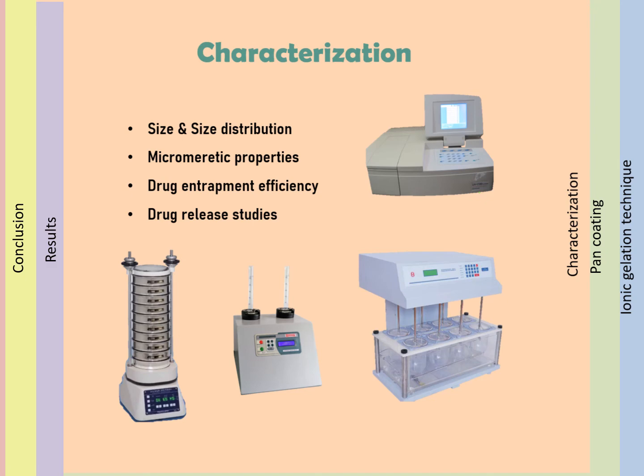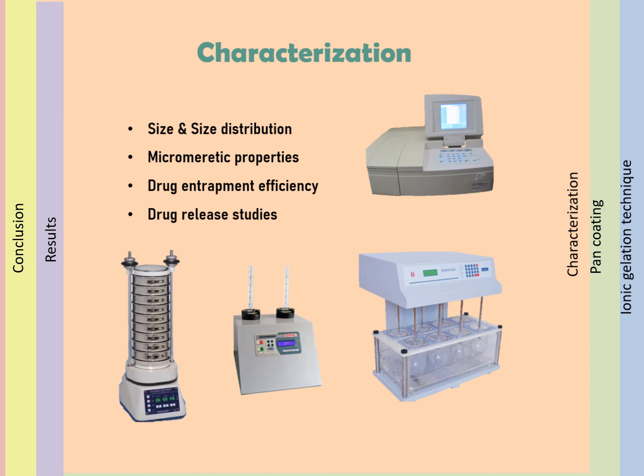And the next one is drug entrapment efficiency. The selected water soluble drug entrapment efficiency was determined by using UV spectrophotometric methods, and the drug release studies were performed using USP dissolution apparatus with a paddle at 50 rpm, using 0.1 normal hydrochloric acid as the dissolution medium.